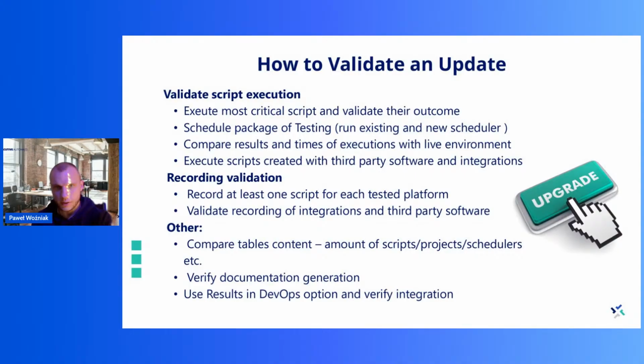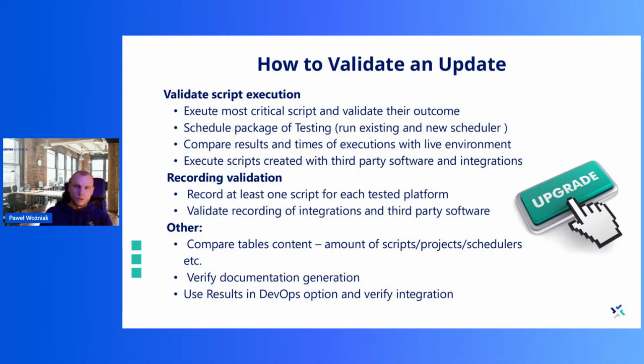So how do we validate this update? First of all, we should execute the most critical scripts and validate their outcome. Especially with the trial option, you can compare how scripts behave when executed on the live environment with the previous version, and how they behave executed on the new version. For the most critical processes and test cases, to be 100% sure, it's good to execute them and check how they work.